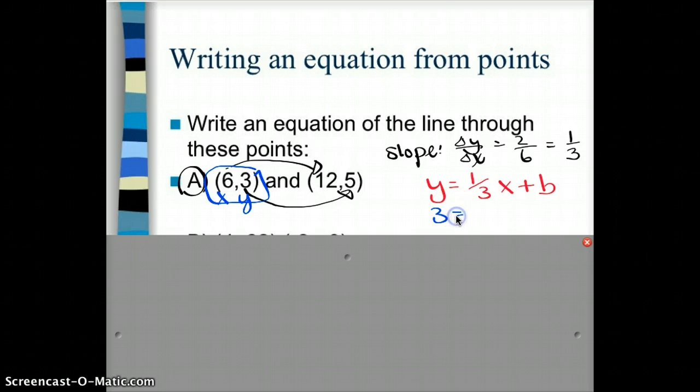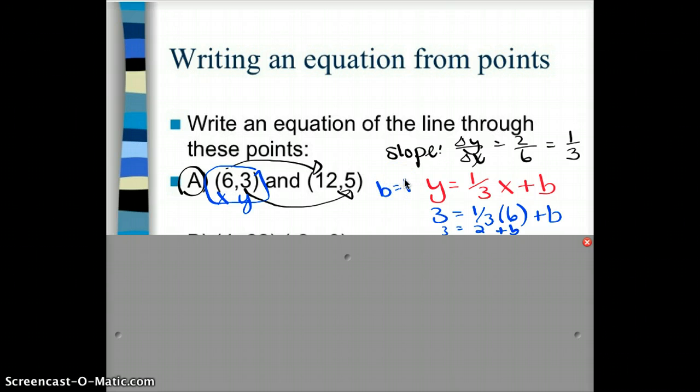So 3 is my y = 1/3 times x. x is 6 plus some value of b, which I'm trying to figure out. So I try to just basically solve this like an equation and figure out what b is. 3 equals 1/3 times 6 is 2 plus b. So 3 equals 2 plus b, so b must be 1 if I solve that down.